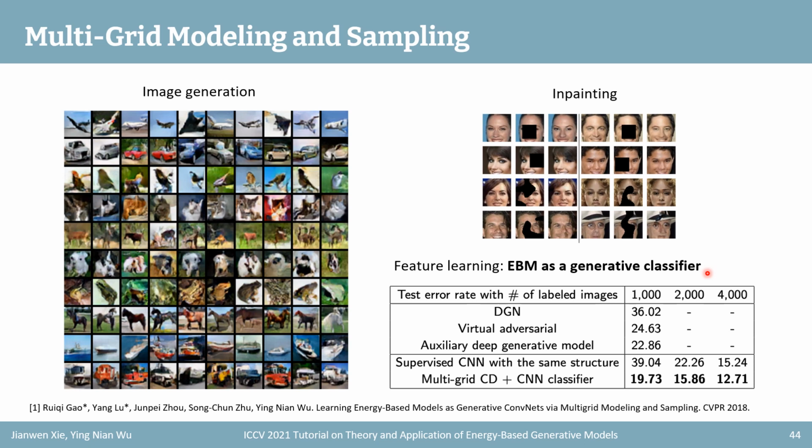Then when we want to learn from the labeled data, we only need to grow a small network on top of those layers. This enables us to learn from a small amount of labeled data after pre-training on very big unlabeled data. This method proved to be very effective for semi-supervised learning.